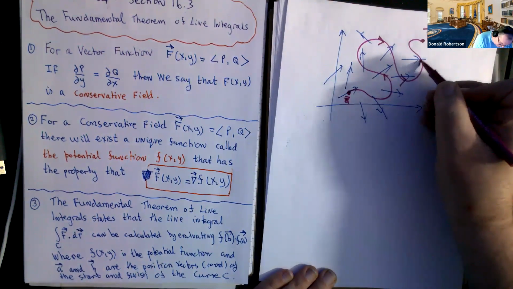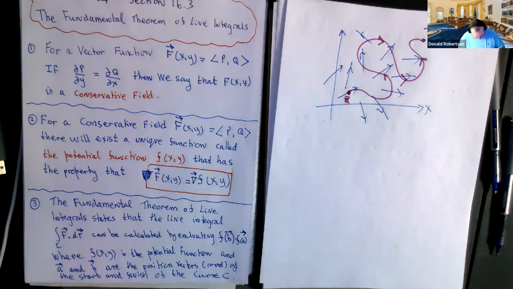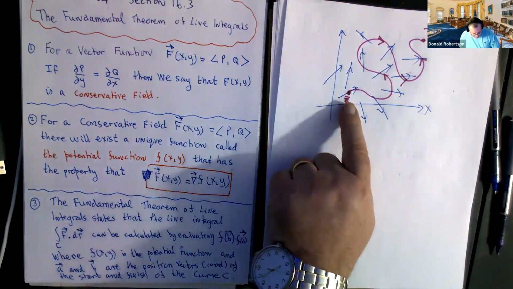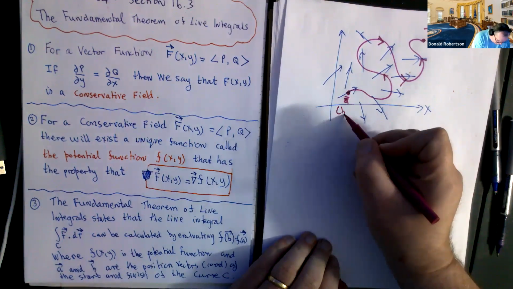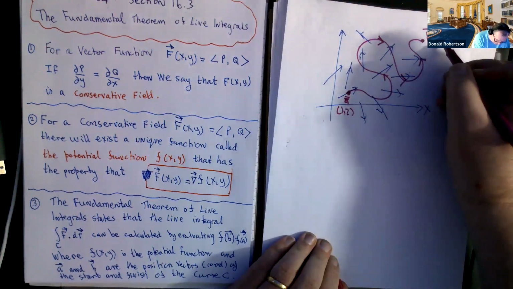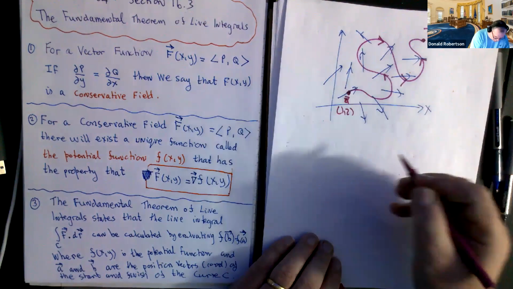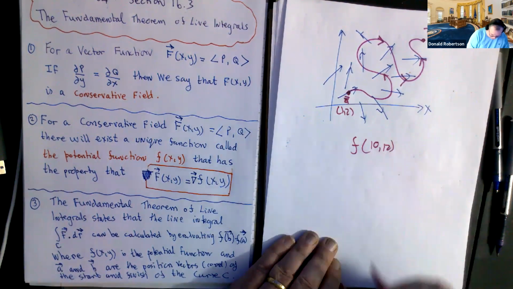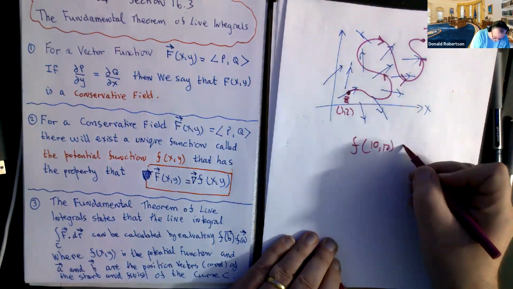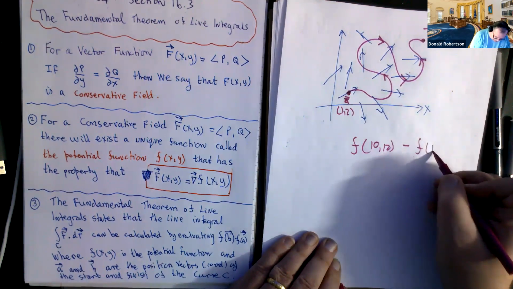As long as that vector field was a conservative one, you only need to evaluate it at this guy here. Let's pretend this guy is 1, 2, and this guy up here is 10, 12.